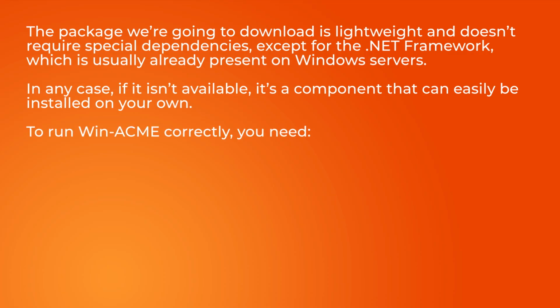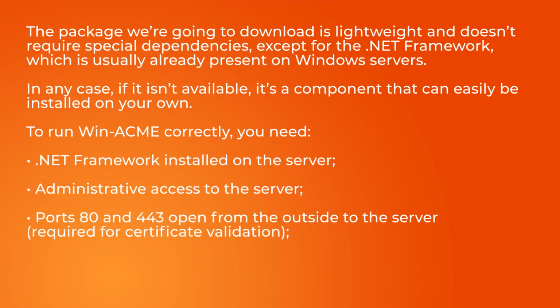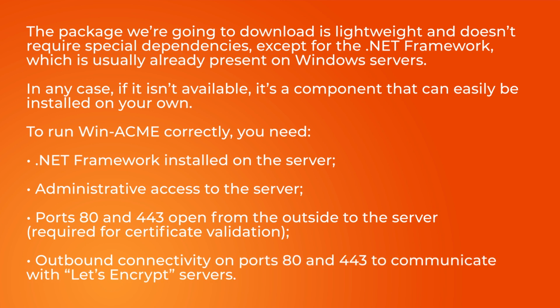To run WinACME correctly, you need .NET framework installed on the server, administrative access to the server, ports 80 and 443 open from the outside to the server, required for certificate validation, and outbound connectivity on ports 80 and 443 to communicate with Let's Encrypt servers.